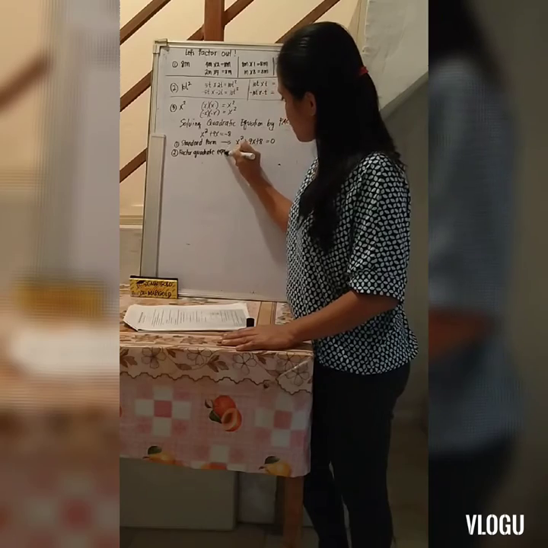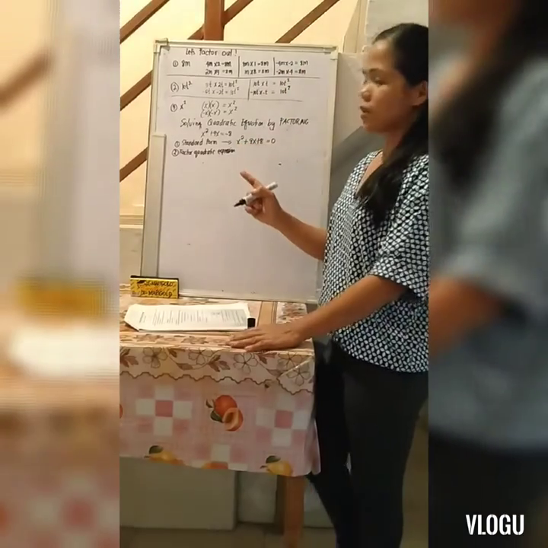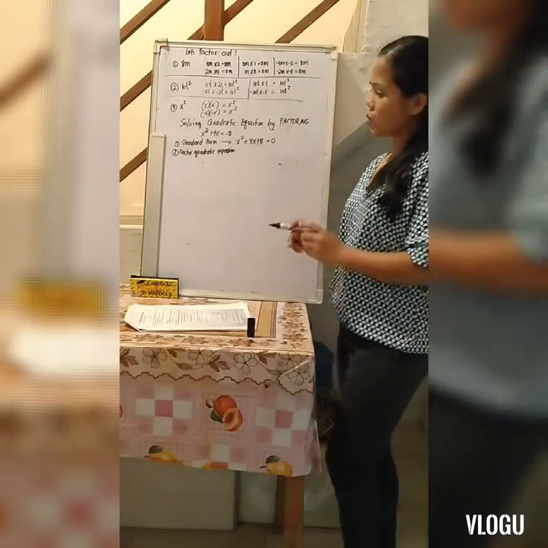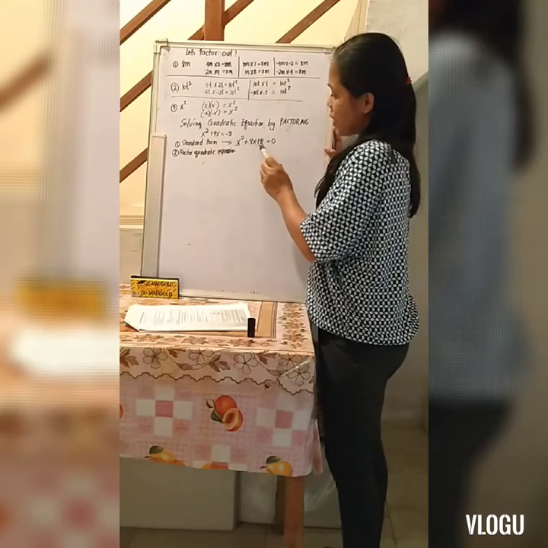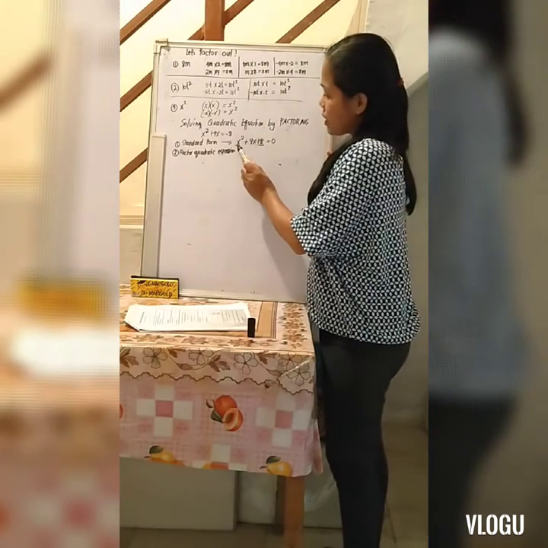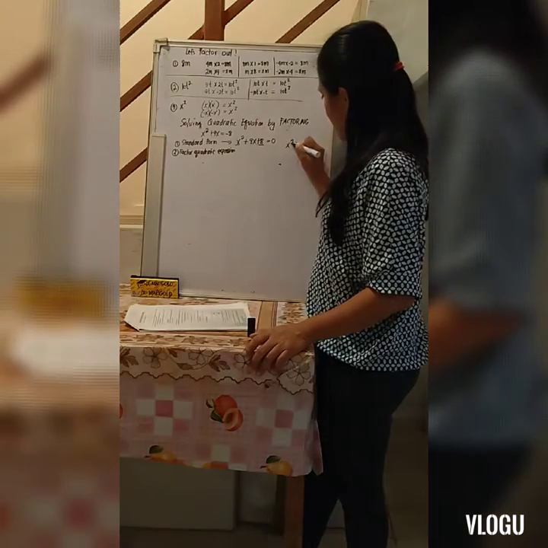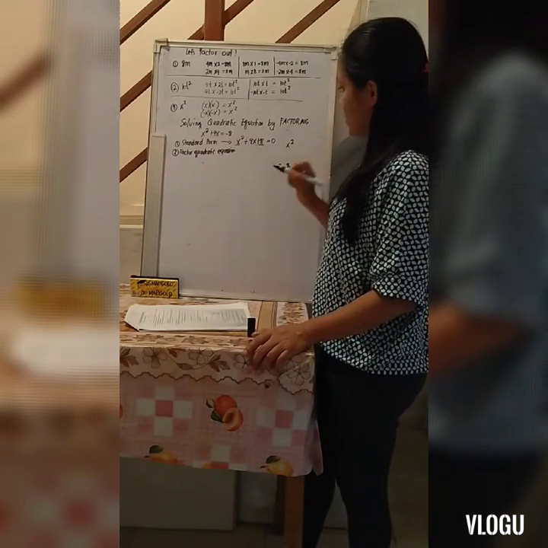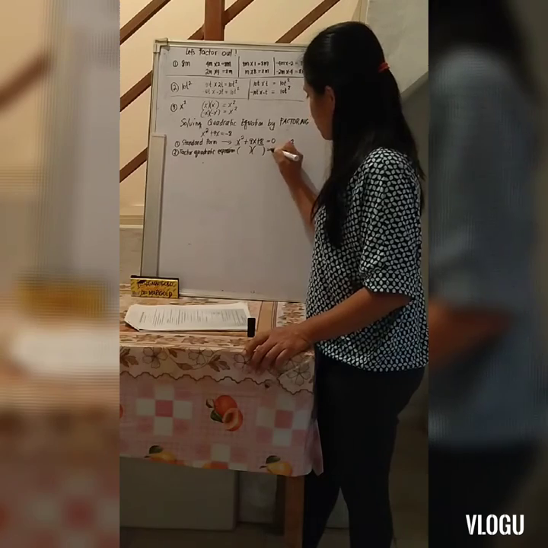Once factoring your quadratic equation, make sure to remember this: you will only factor your first and your last, that is the quadratic term and the constant. So you have x squared and 8, equal to 0.